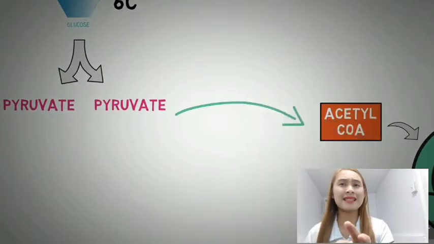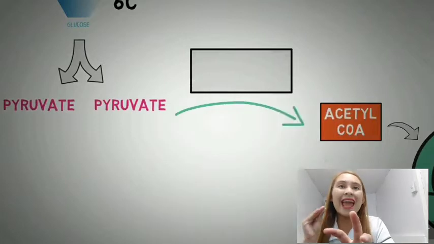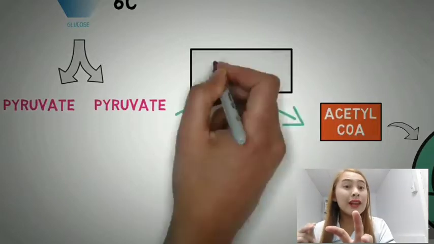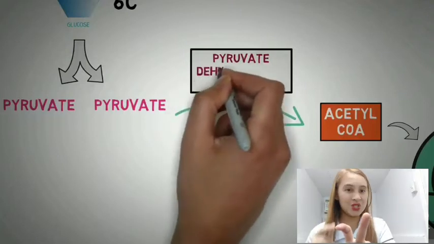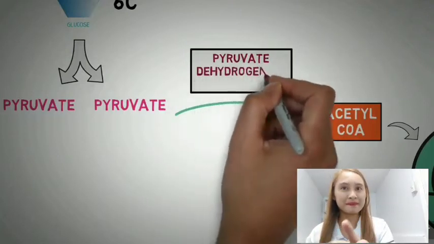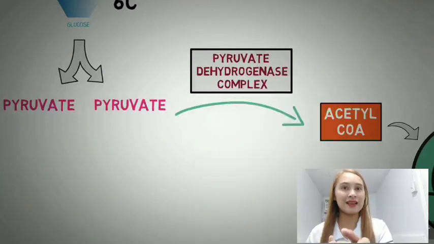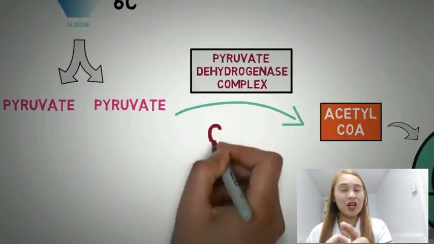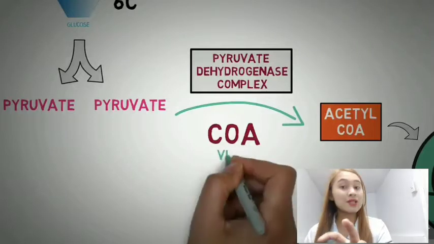What happens next is that this pyruvate is acted upon by a set of enzymes collectively known as the pyruvate dehydrogenase complex. In this reaction, coenzyme A, which is derived from vitamin B5, is also involved.